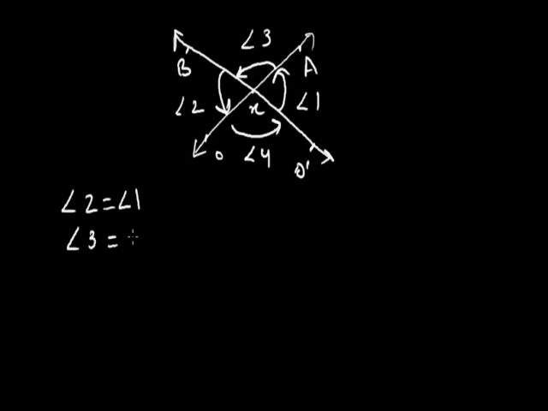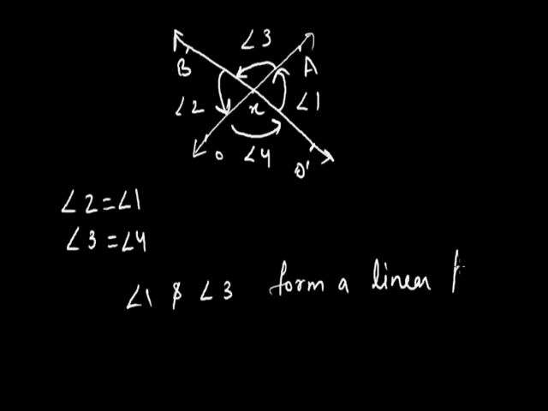So we have to prove that angle 3 is equal to angle 4. Now see here, angle 1 and angle 3 form a linear pair of angles.